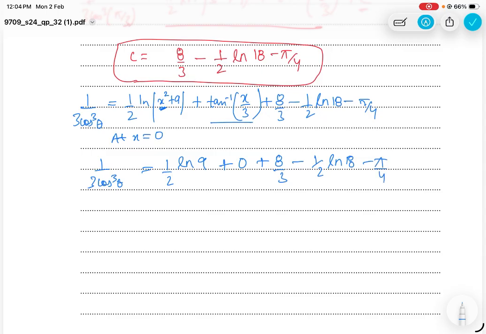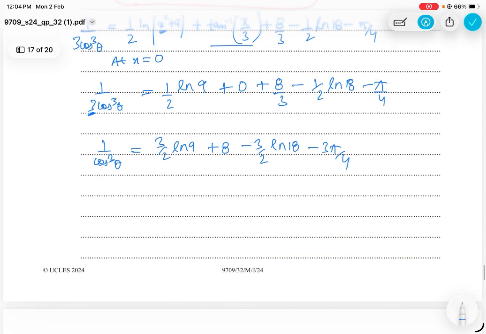Done? Yes or no? Take this 3 to the other side. So we will have 1 upon cos cube theta, multiplying every term by 3: 3 by 2 ln 9 plus 8 minus 3 by 2 ln 18 minus 3 pi by 4.